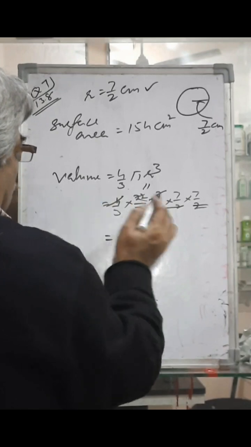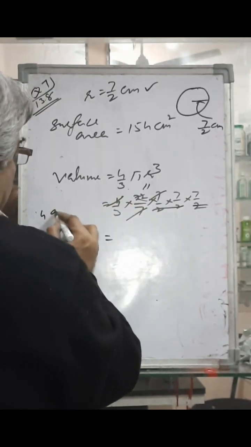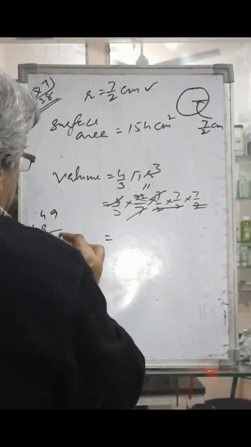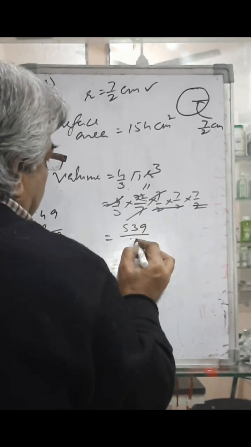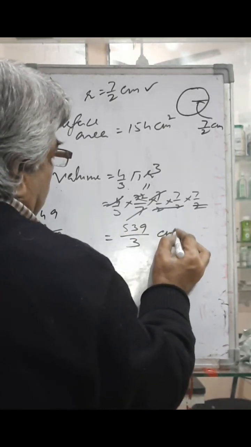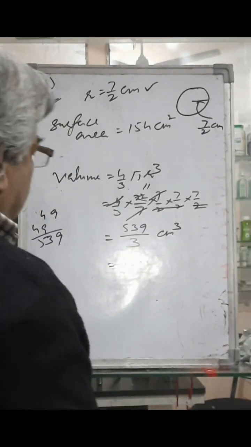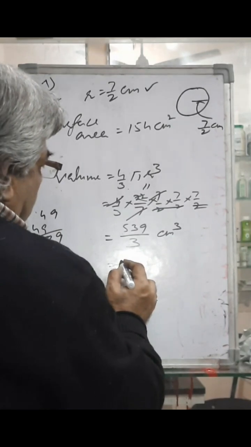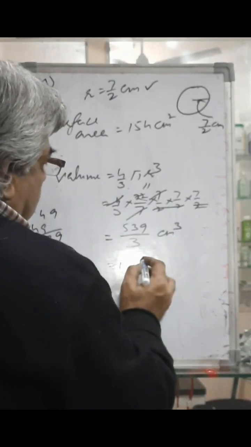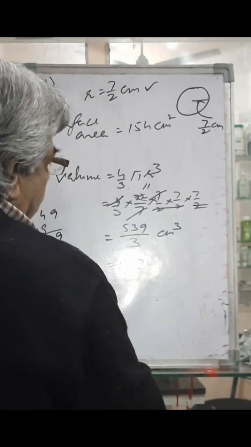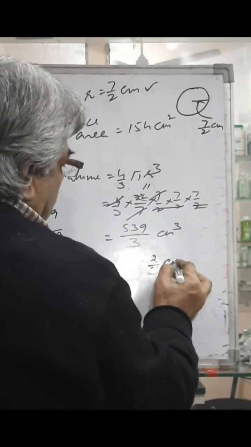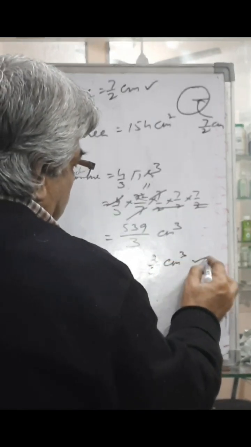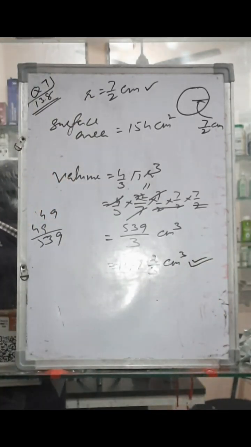So we have 49, 539 by 3 centimeter cube. We can solve further. 3 ones, 3 sevens, 3 sevens, 2 by 3 centimeter cube. This is the volume of the sphere.